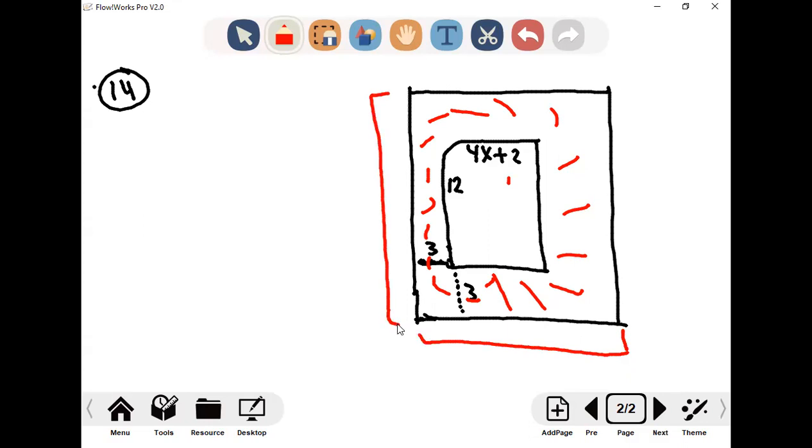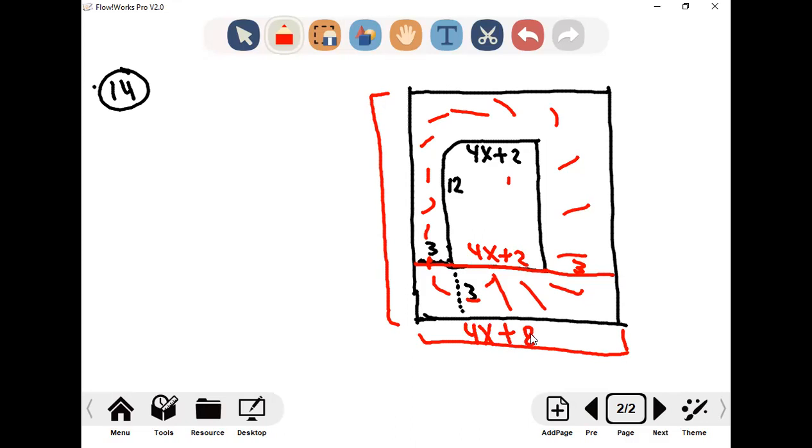The length is 4x plus 2 plus 3 plus 3. 2 with 3 is 5, with 3 is 8. So the whole length is 4x plus 8.